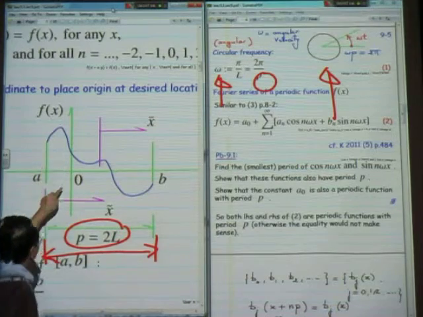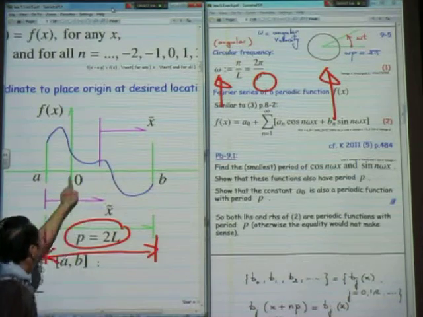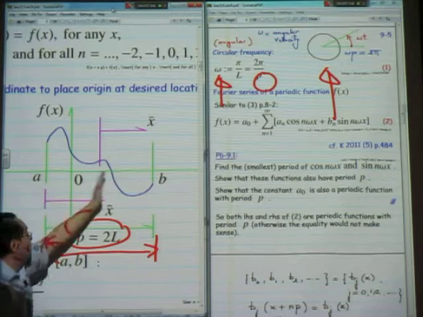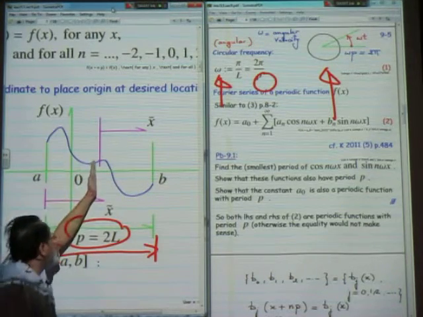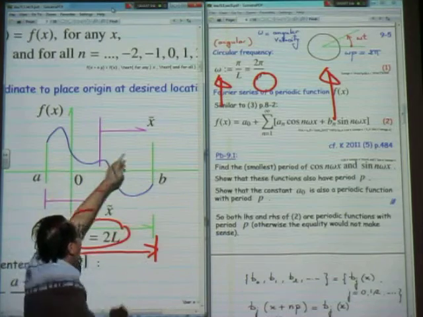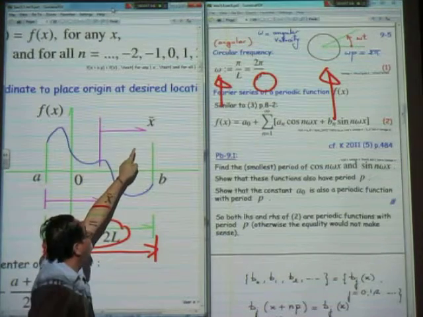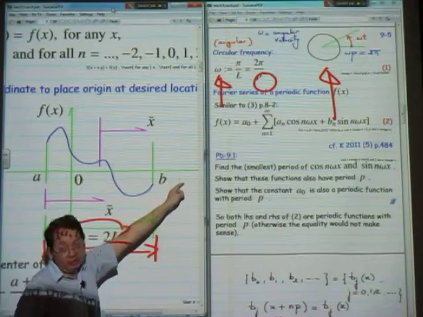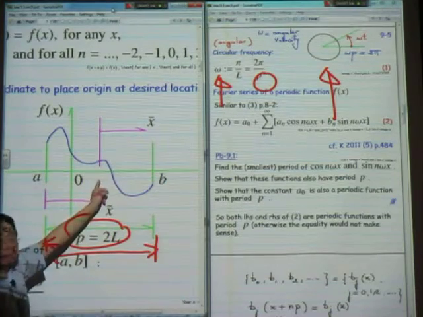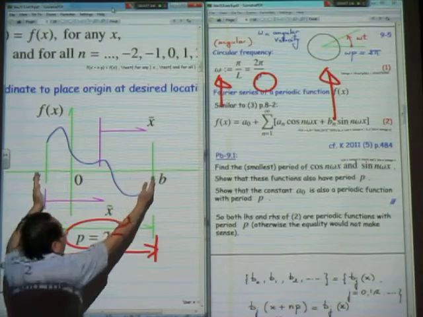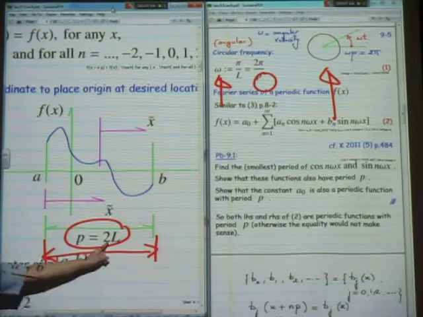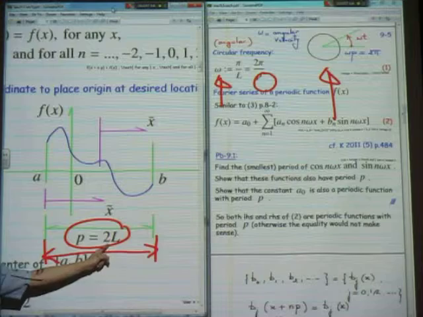And initially, you have the origin of the coordinate system sitting anywhere arbitrarily. But you want to move it to the middle of the period and define a new variable x bar. The original variable is x, okay? But just keep in mind that x bar goes from minus L to plus L, okay? Where L is half the period.